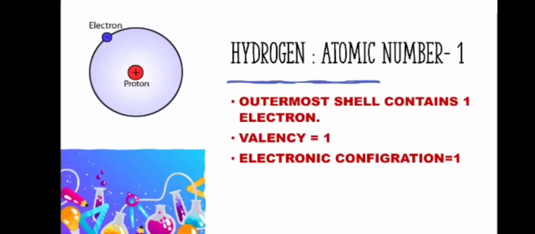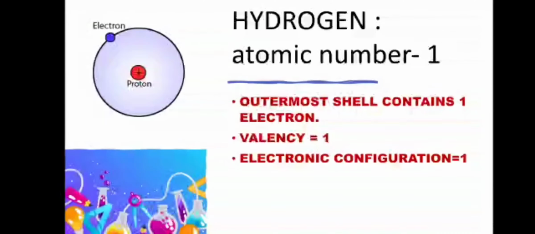Now we will see one example, that is hydrogen. Here you can see the atomic number of hydrogen is 1. How to learn atomic numbers easily, I gave that in the first video. That means electron number and proton number are the same. Here you can see one electron in the K shell, that is the first shell.